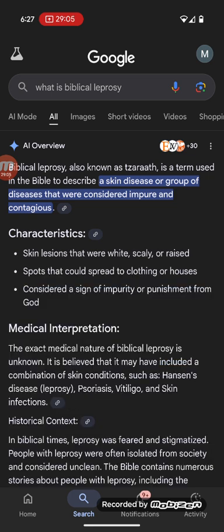All right, and it says biblical leprosy, also known as tzaraath, is a term used in the Bible to describe a skin disease or a group of diseases that were considered impure and contagious. Characteristics: skin lesions that were white, scaly, or raised, spots that could spread to clothing or houses, considered a sign of impurity or punishment from the Most High.